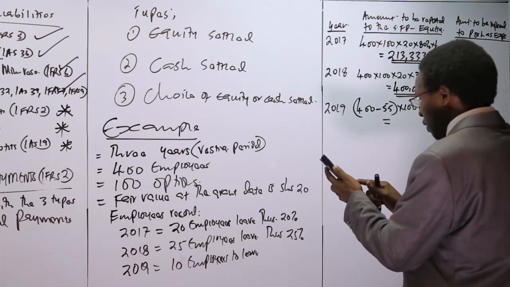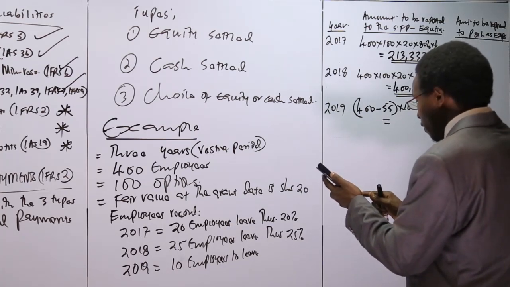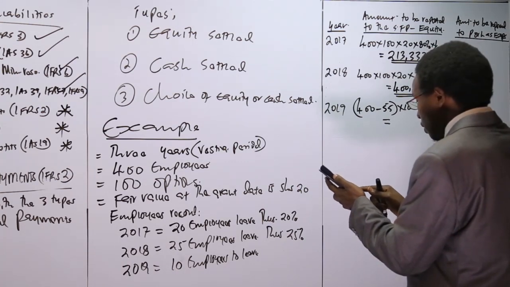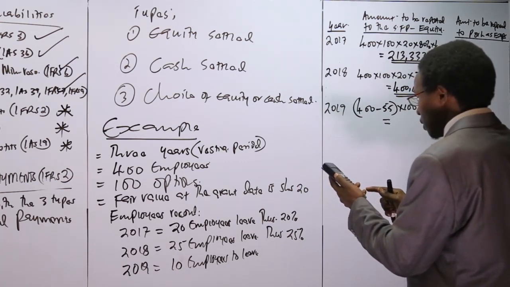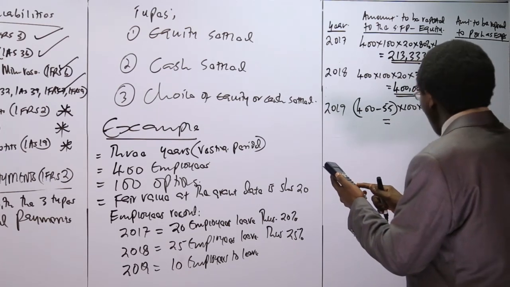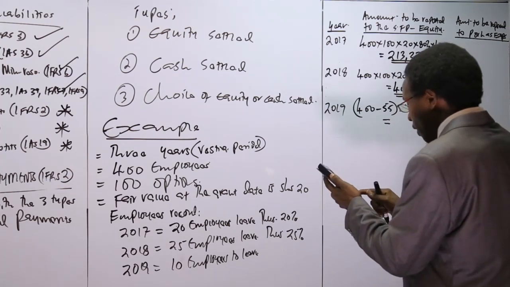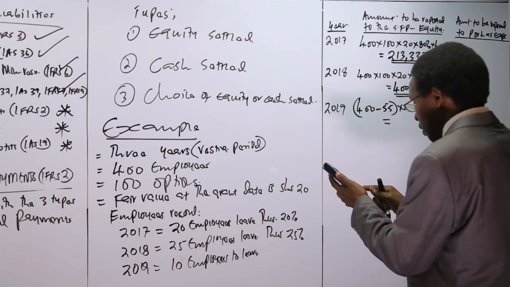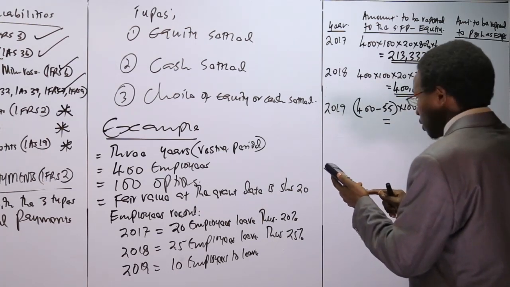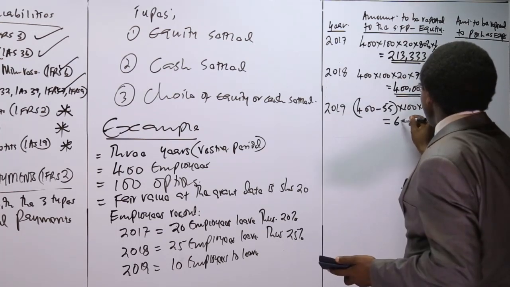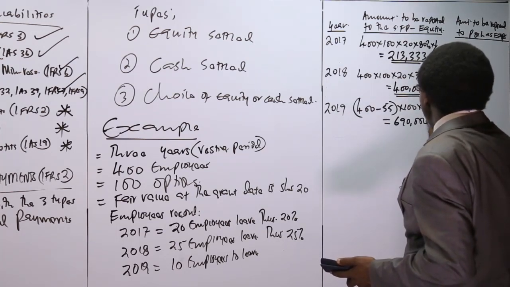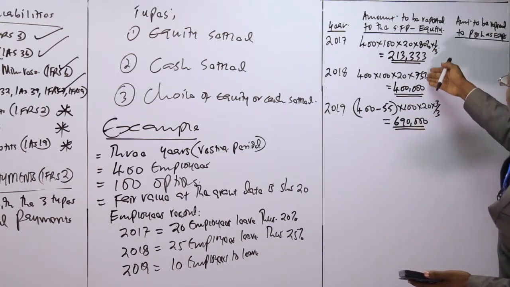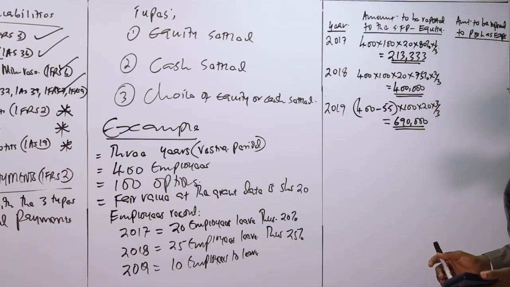Then we have 400 minus 55 by 100 by 20. So we have 690. So this is what is going to be reported to the statement of financial position.